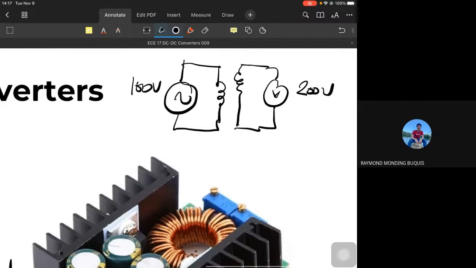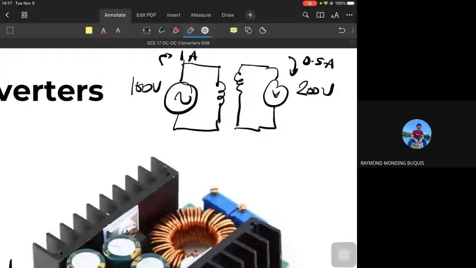If this is a lossless transformer, just for the idea, and this is 100 volts and, for example, 1 amp on an AC supply, if it steps up by 2, the current goes down, so there is a trade-off. That's what happens in a transformer.